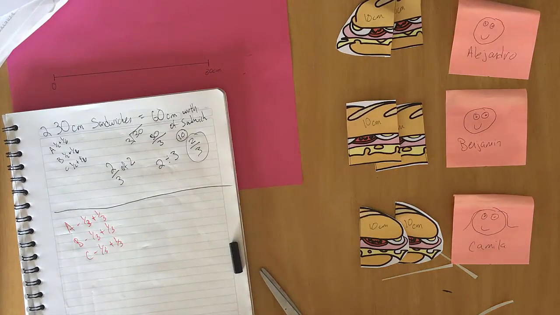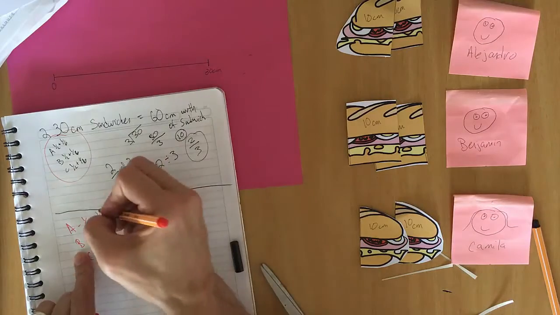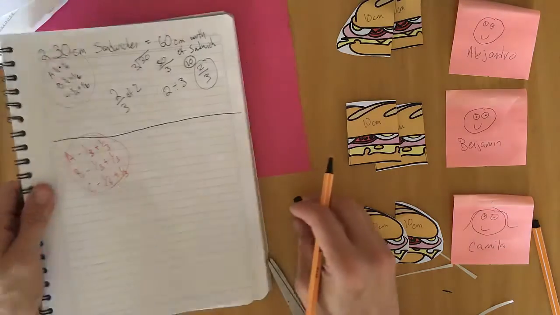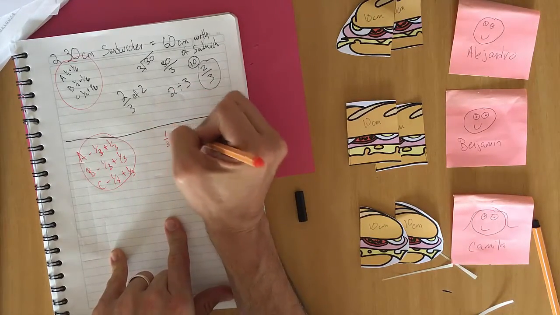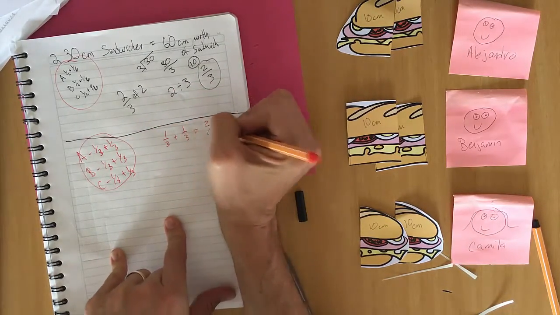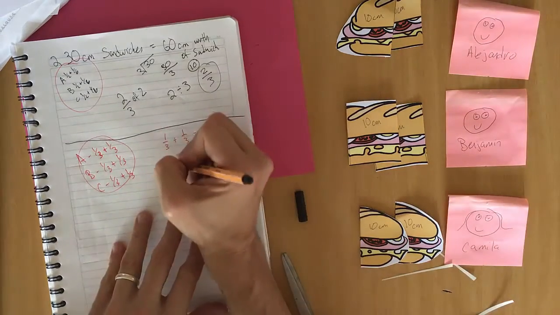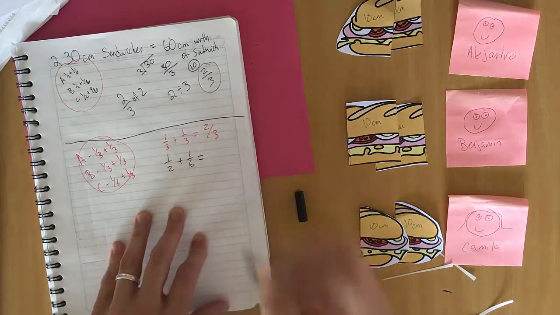So let's do the math for each one: 1/2 plus 1/6 and 1/3 plus 1/3. I have 1/3 plus 1/3. That equals 2/3. Now if I do 1/2 plus 1/6, what does that equal?